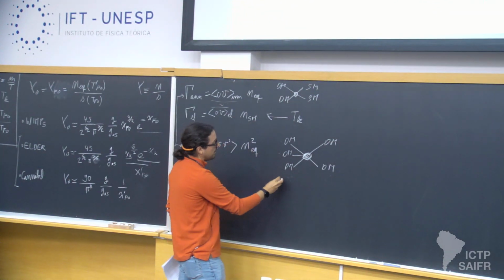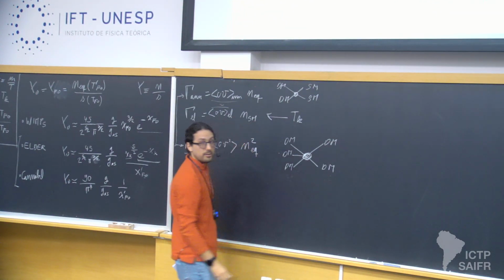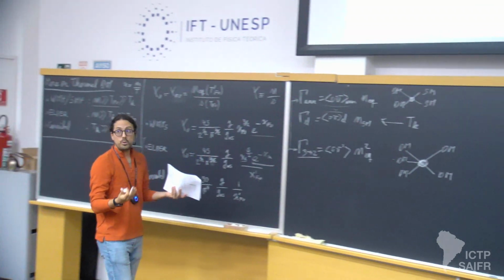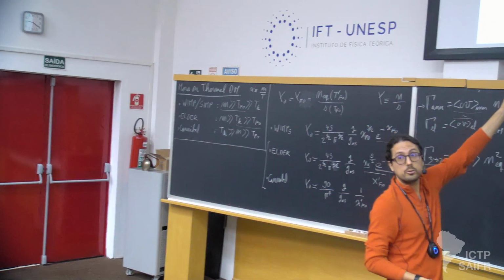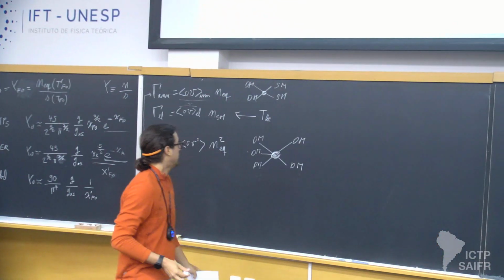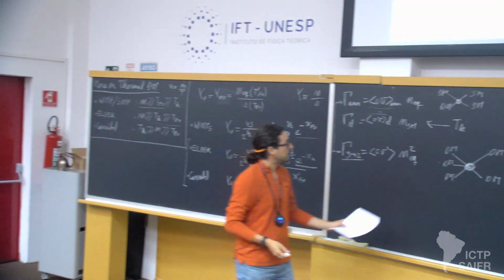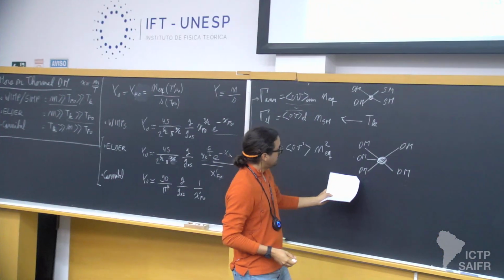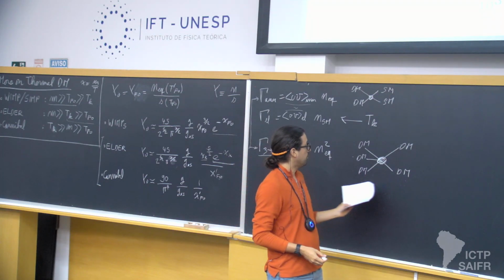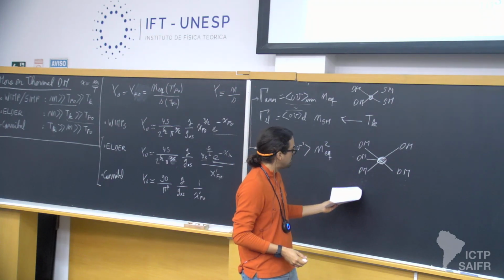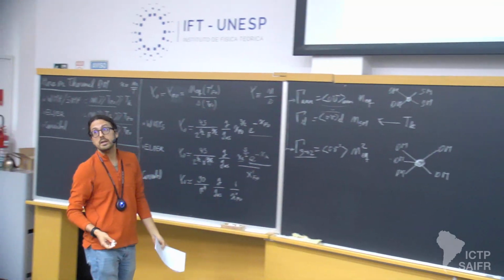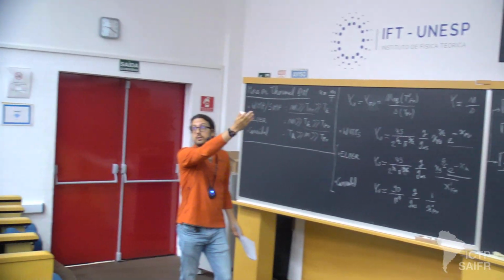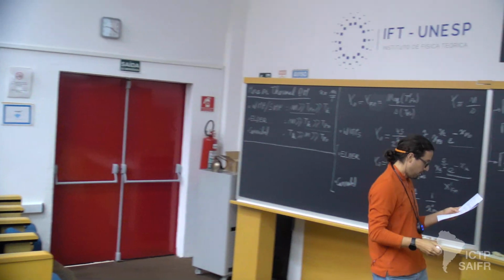So you're trading mass into kinetic energy. You're increasing the dark matter temperature, and that's exactly what we're seeing there. Conservation of energy means that these particles have a higher kinetic energy. That means higher temperature.